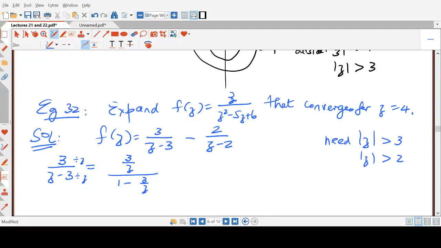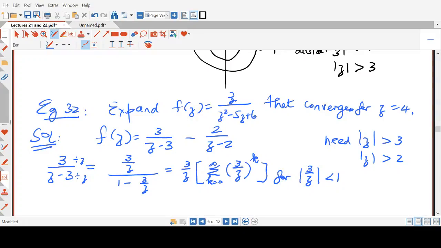There's only two tricks. One, you divide by the number to get a 1 on top. The other one, you divide by z. So then this becomes 3 over z, and this now becomes sigma of 3 over z, not z over 3, to the power k, k equals 0 up to infinity, for 3 over z less than 1.